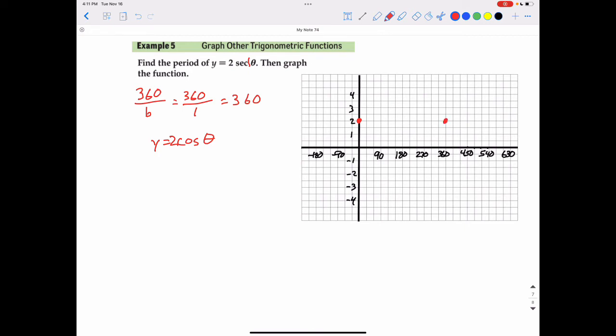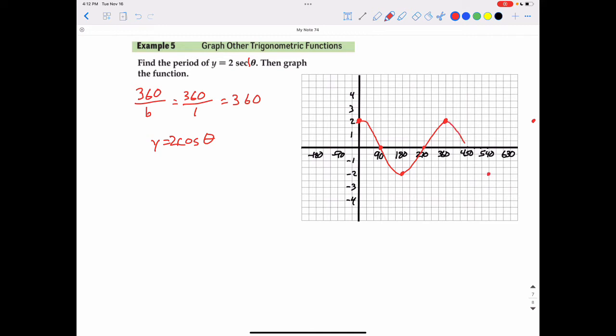We'll hit the low point at -2, and then halfway between the low points and each of the high points will be our x-intercepts. So this is one full cycle of the cosine, and then a second cycle would end at about 720. I'm going to go off the graph a little bit.